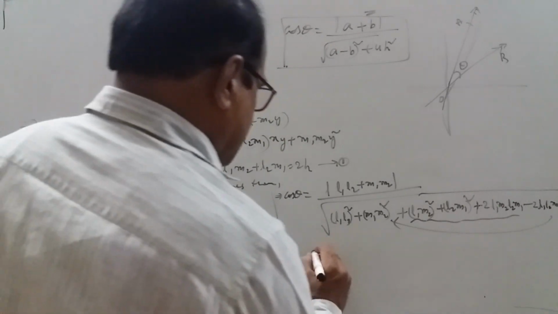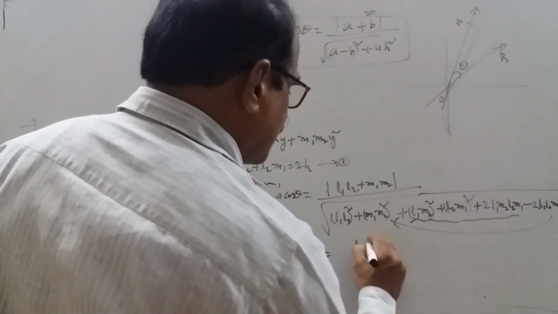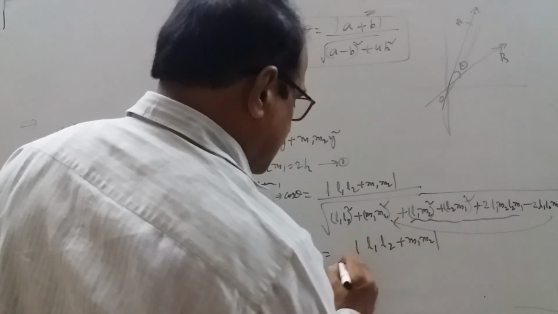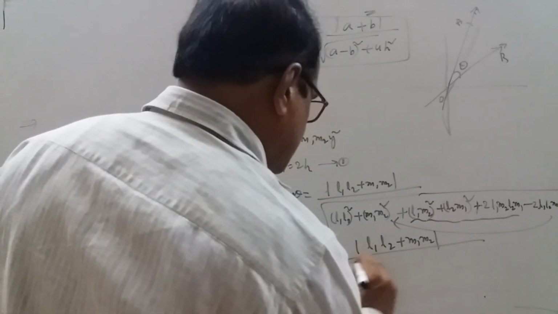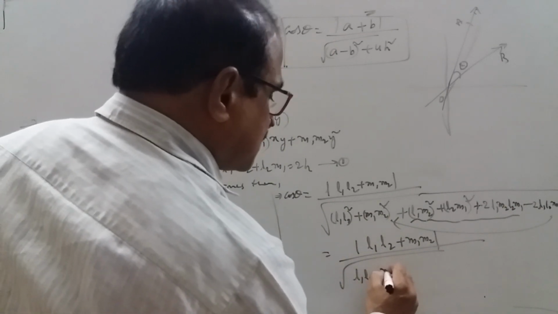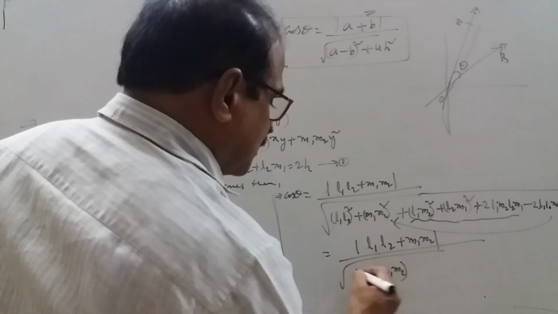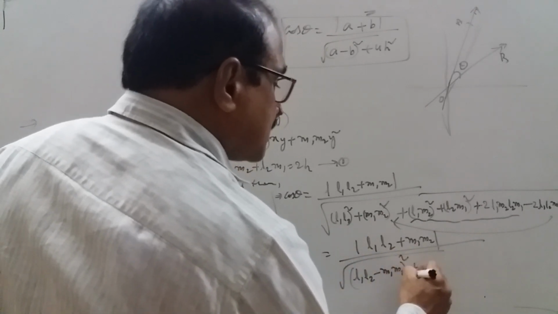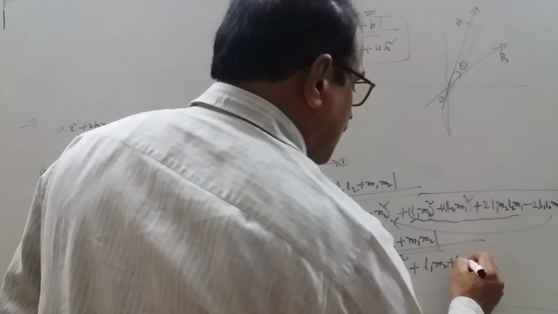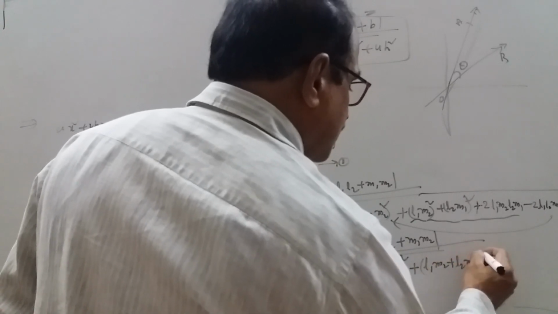So this can be written as cos theta is equal to mod of L1 L2 plus M1 M2 by under root, L1 L2 minus M1 M2 whole square plus L1 M2 plus L2 M1 whole square.